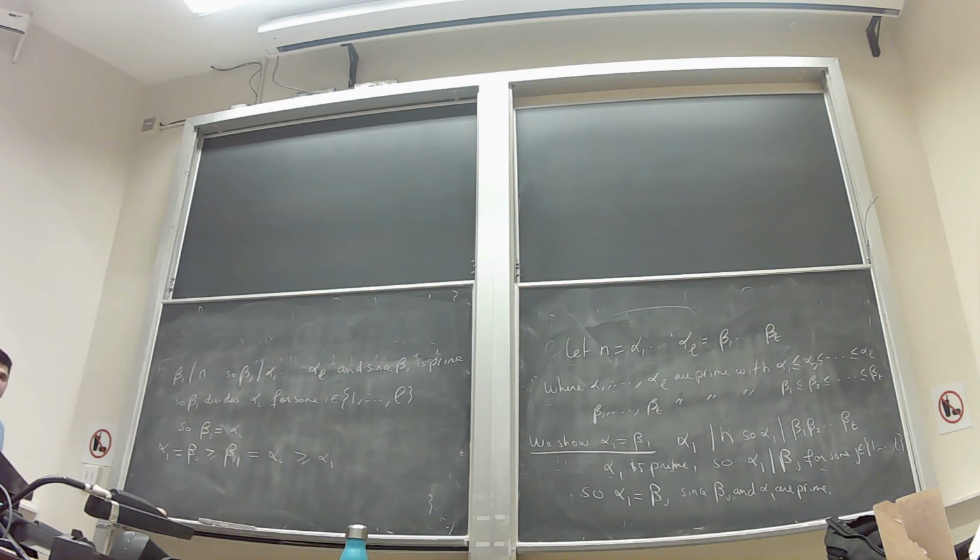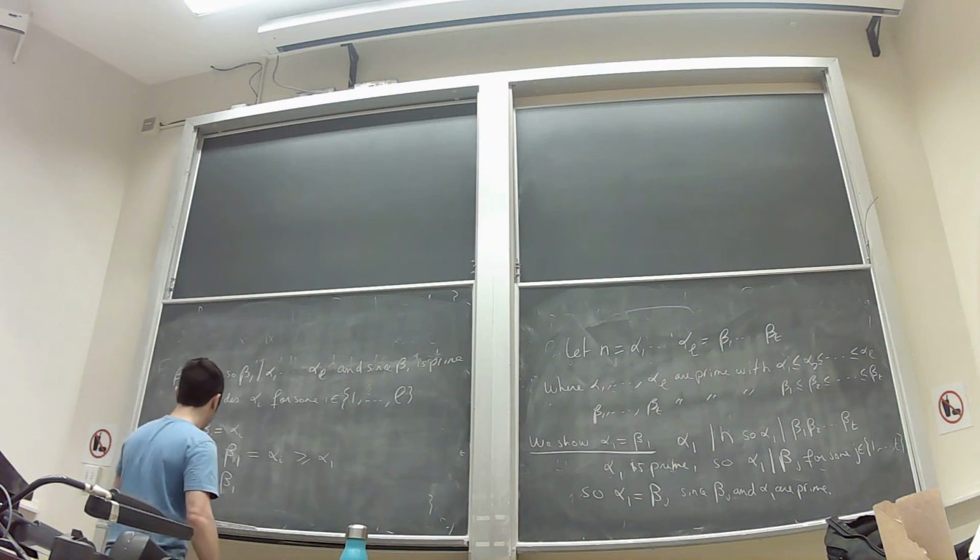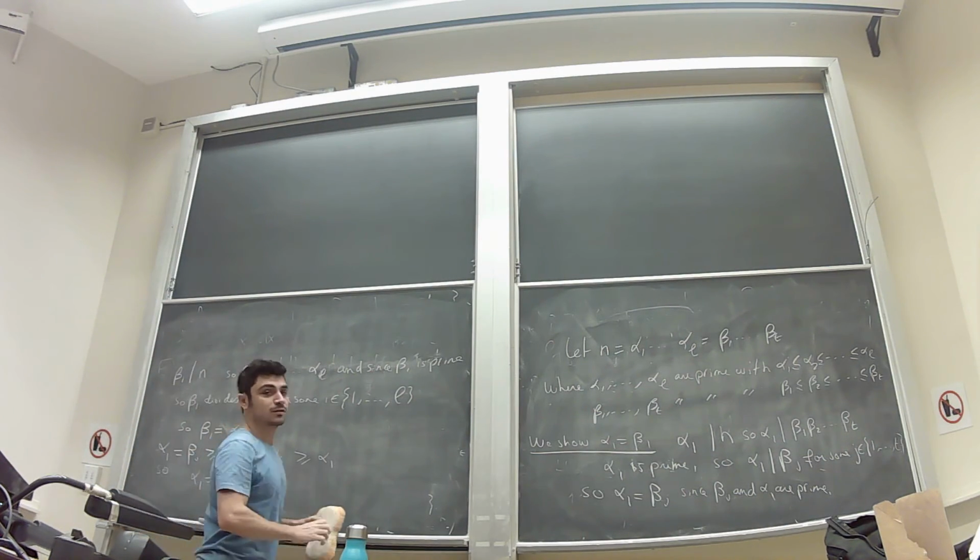You can squish them all together. So beta j, say alpha 1 is equal to beta 1. Boom. Done.